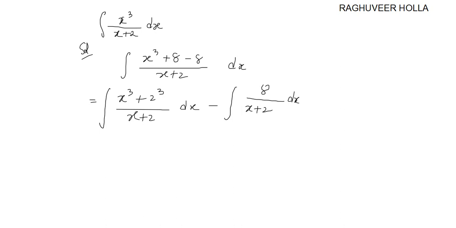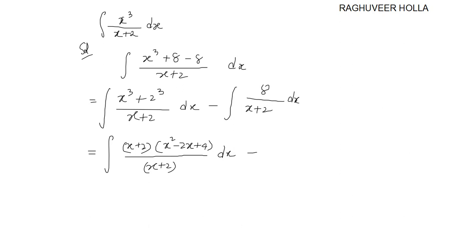Now a cube plus b cube can be written as (a plus b) into (a square minus ab plus b square). That's what I can write as the integral of (x plus 2) into (x square minus 2x plus 4), divided by x plus 2, and dx. Now this I can directly write as minus 8 log mod x plus 2.